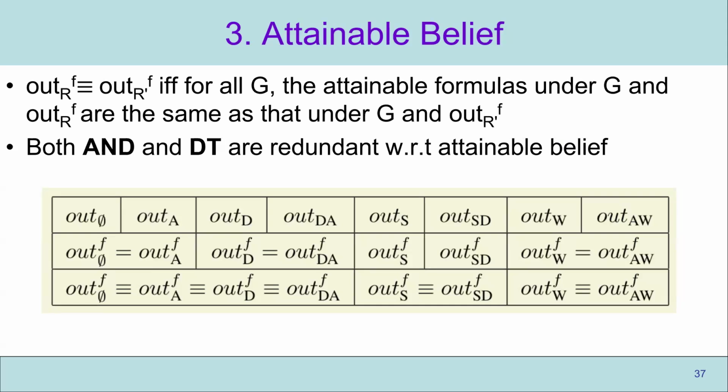And here we can do something similar. So there is this disjunctive trust, this logical rule which says if you trust X and you trust Y, you trust X or Y. If you are only interested in these attainable beliefs, then also this rule will not make any difference.